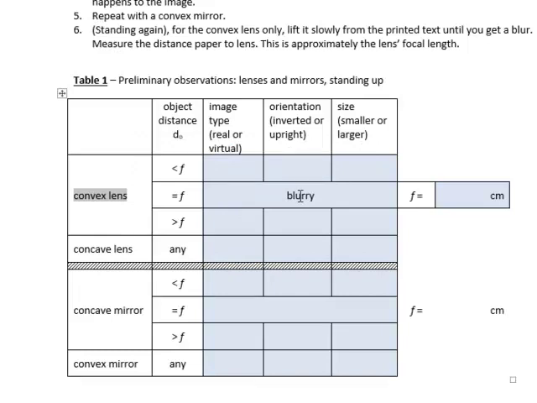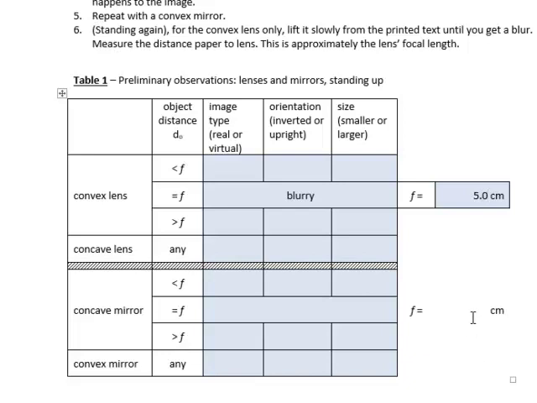At that point, when the image distance is large enough, 1 over dI is virtually 0, and then you have 1 over dO equals 1 over f. Again, that only works if you're actually standing up.